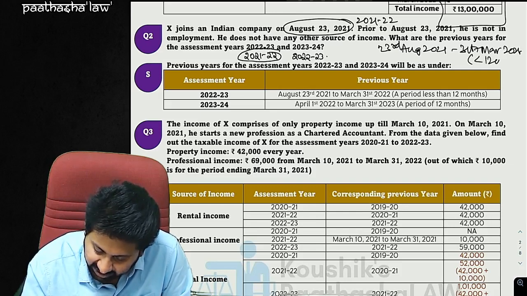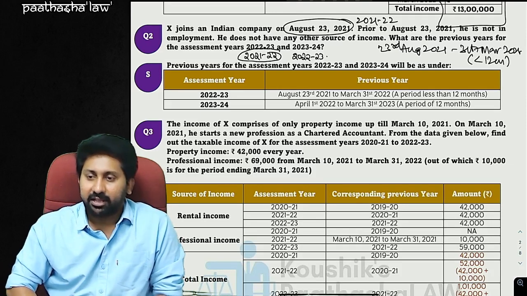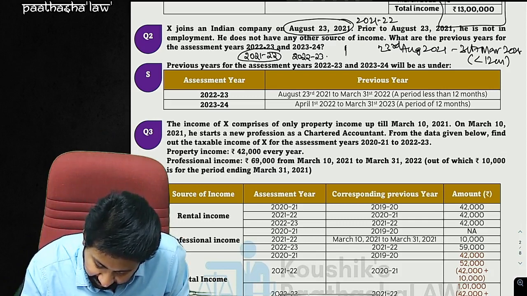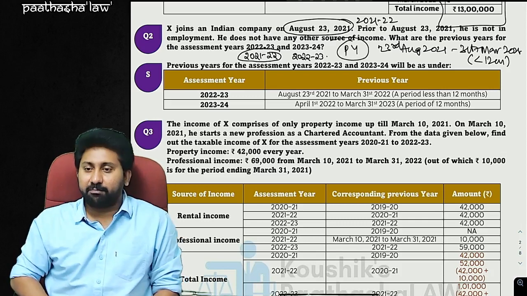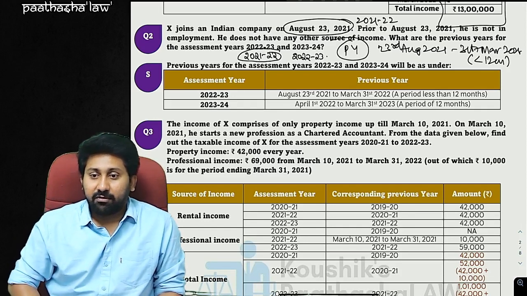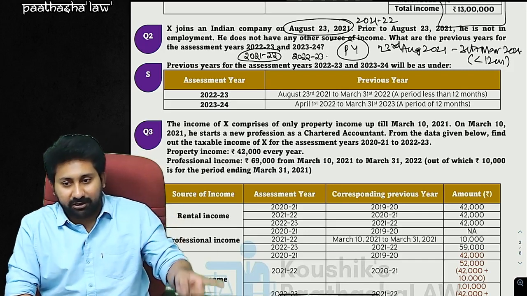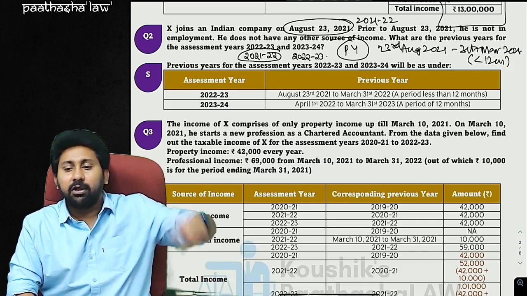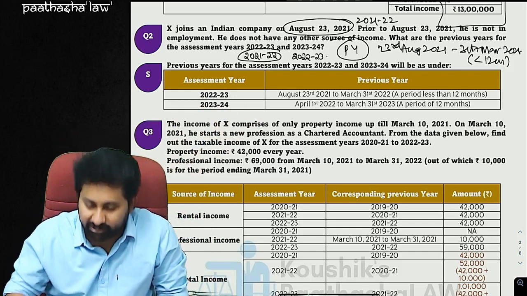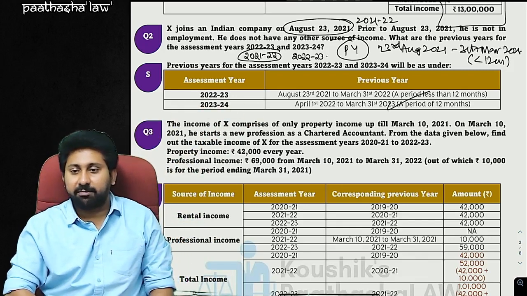This will be a period of less than 12 months. This is your previous year, the first previous year. Once this year is completed, for 22-23, from 1st April 2022 ending with the 31st March 2023, a period of 12 months will be taken up.